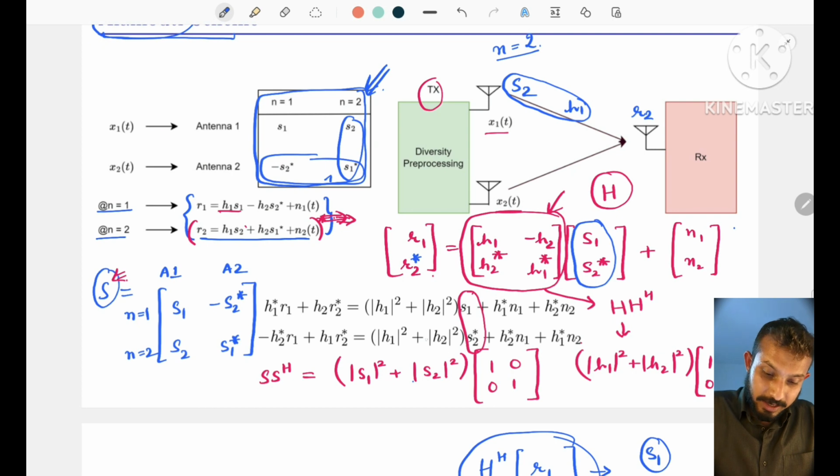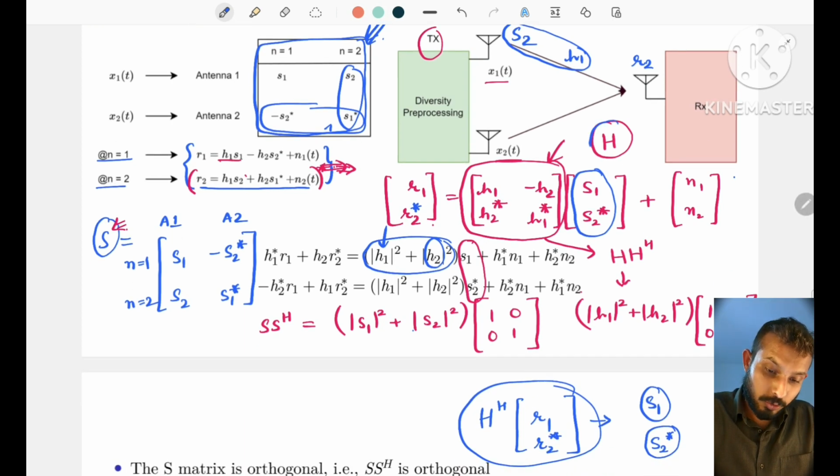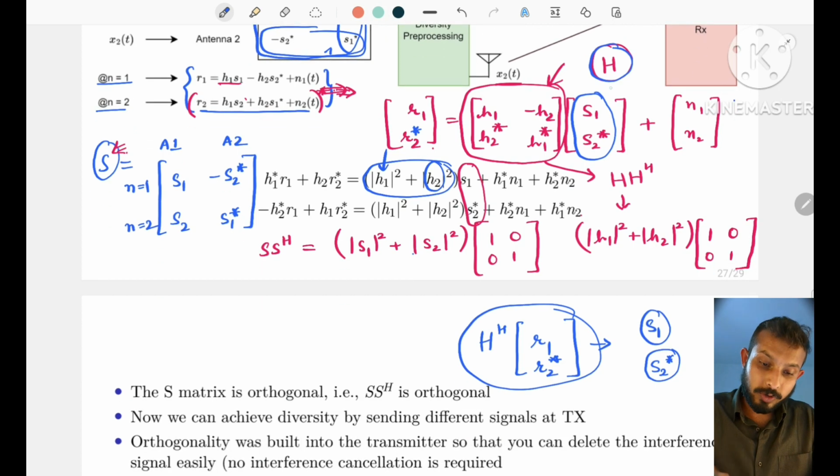Still, we are gaining the diversity gain here, because if one of the channel is in fade, we can recover the signal from the other channel. Orthogonality has been built into the transmitter so that we get a robust detection and we do not require any interference cancellation, because this H is orthogonal, and when this H is orthogonal, you can easily detect S1 and S2 conjugate by directly multiplying H Hermitian with the receiver vector at the receiver.